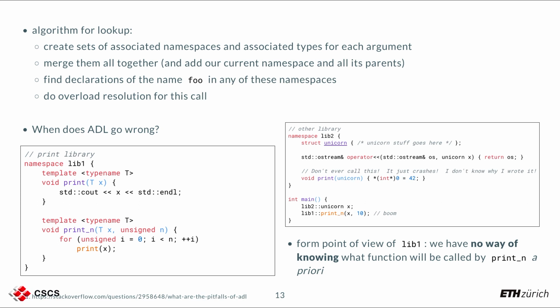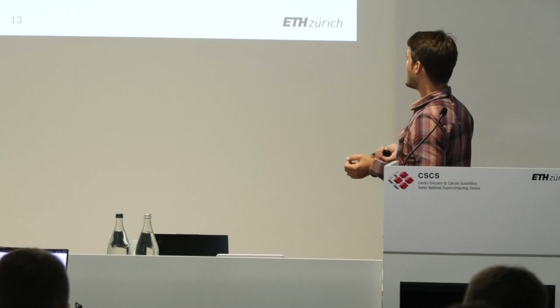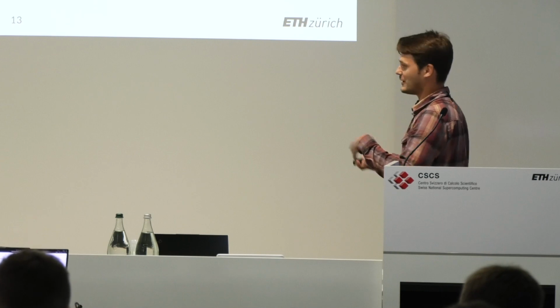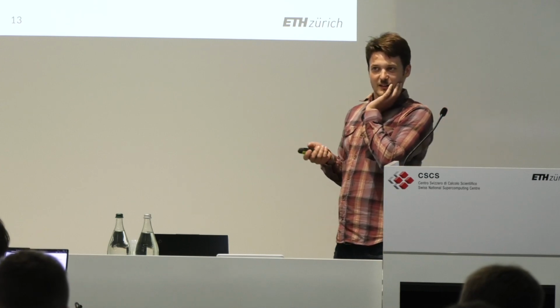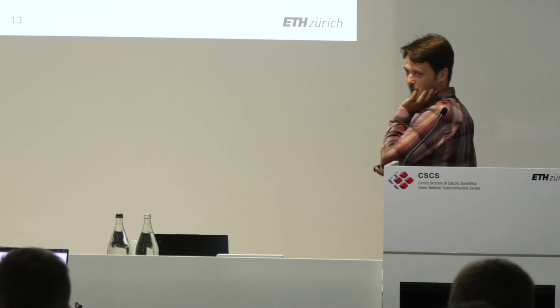So now in your application code, in your main, you use something from library 2 and something from library 1. From library 2 you use the type unicorn, and from library 1 you use print n. So we want to print unicorn 10 times. And this goes completely awry. This fails horribly. And why is that? Because of ADL. Can maybe somebody tell me why this goes wrong?